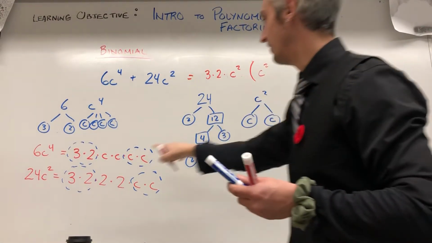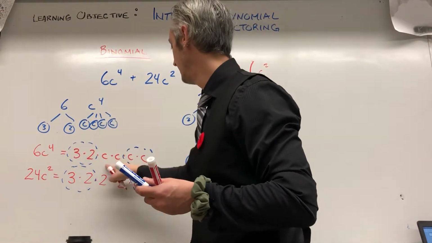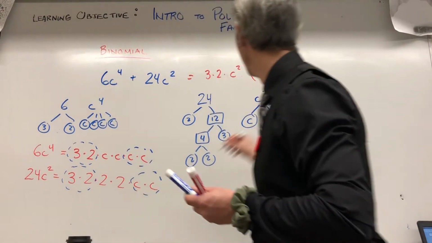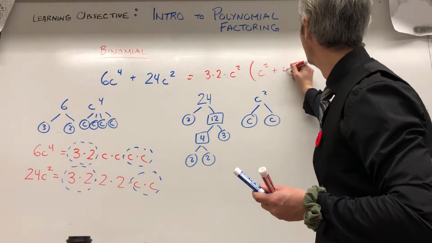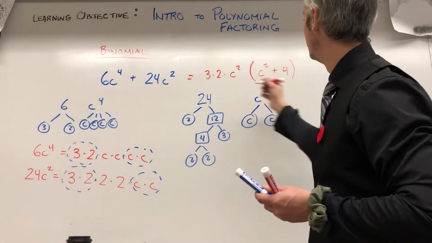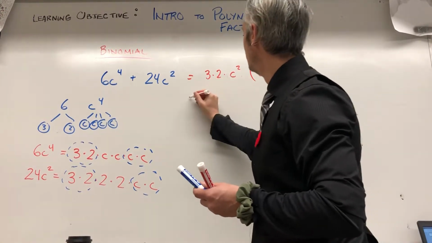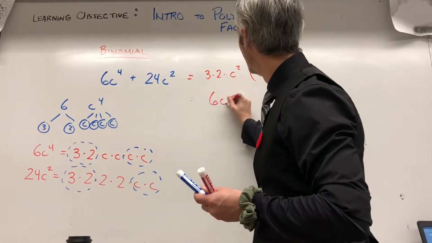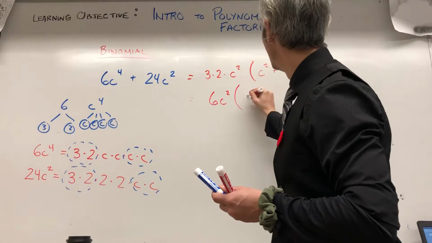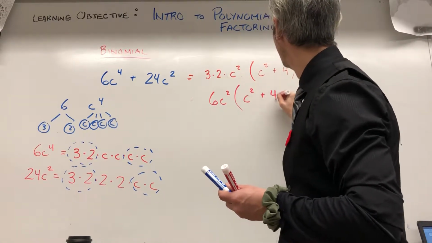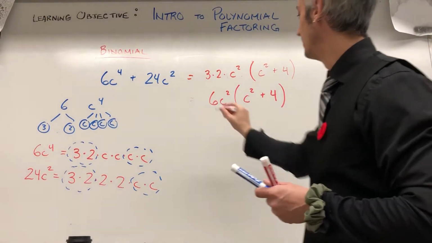So they're multiplying by the 2 c's here to get to that guy, and then there's 2 times 2, which is 4, so plus 4 over here. And then 3 times 2 is 6, so I have 6c squared multiplied by c squared plus 4. That is my factored product.